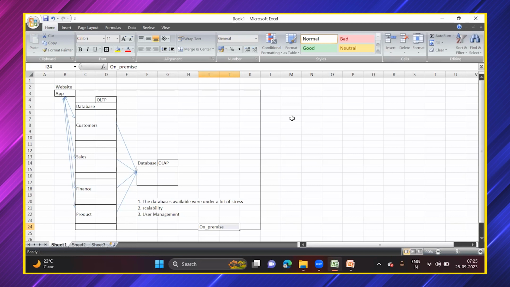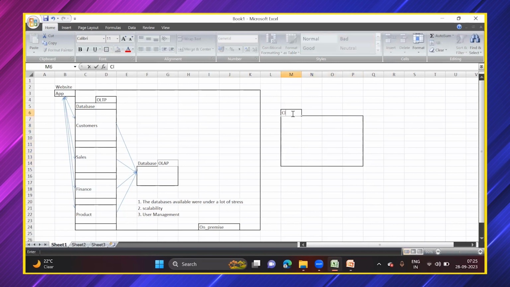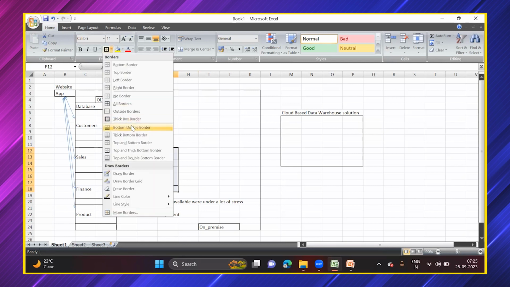So that is why these companies started investing in the cloud-based data warehouse solution. So they will be completely dumping this system. They can use it as well, it is not a problem, but just to avoid any additional confusion, I will remove it, to say that this data warehouse solution is not used anymore.